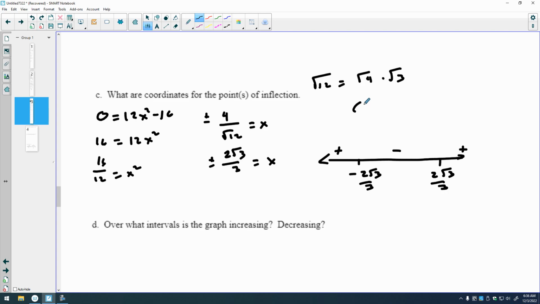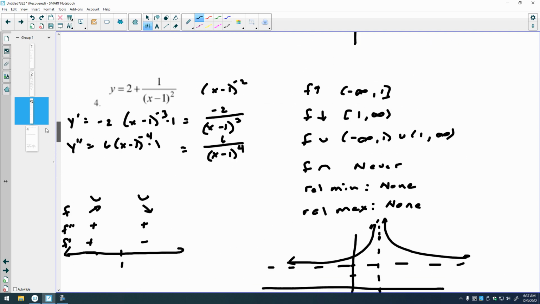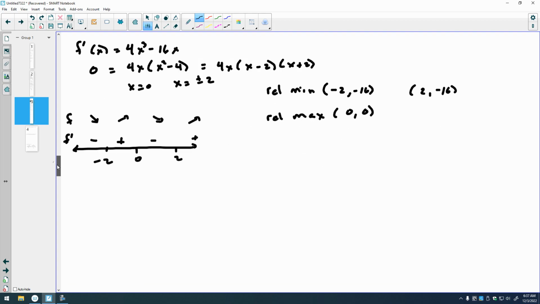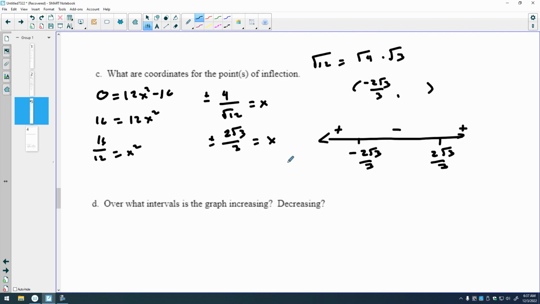So my points of inflection, plus or minus 2 √3 over 3. Take that value, plug it back into my original function way up here. Not that far up. Plug it into here, and you should get -80 over 9.